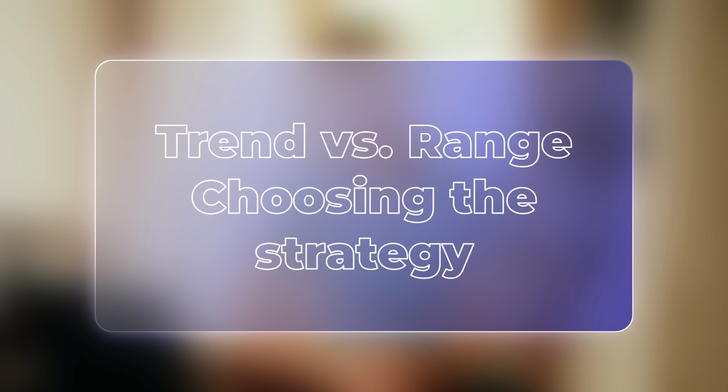Fourth, trend day versus range day, strategy selection. This is one of the most valuable applications for daily planning. If the expected move is small, let's say 30 to 40 points on the SPX, we tend to expect a range-bound day. In this environment, mean reversion strategies typically work well: fading extremes, trading pullbacks to VWAP, selling volatility. If the expected move is large, on the other hand, 50 points or more, the probability of a trend day increases significantly.